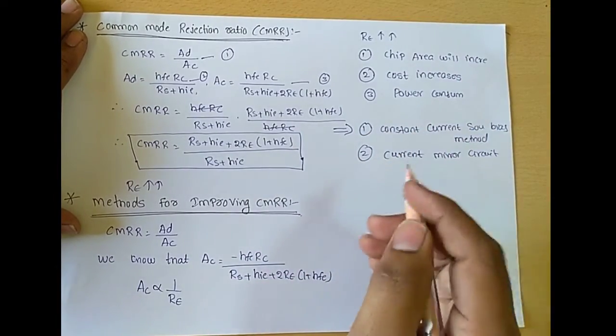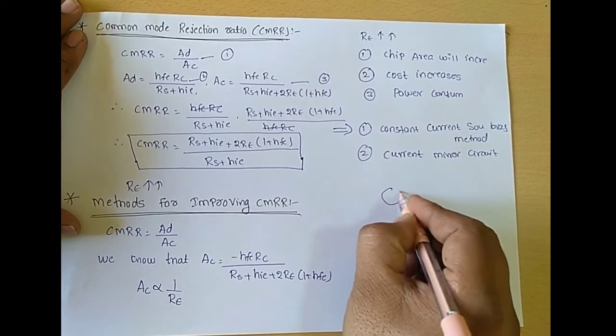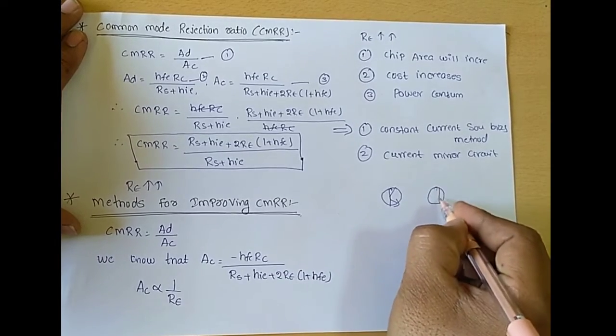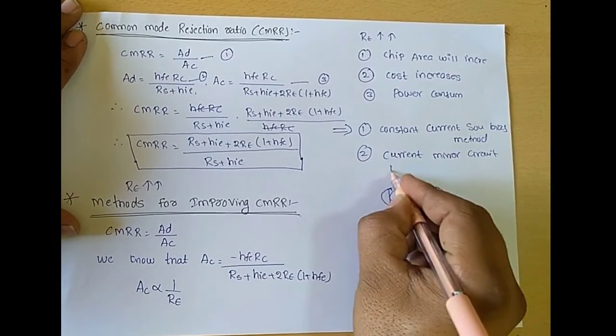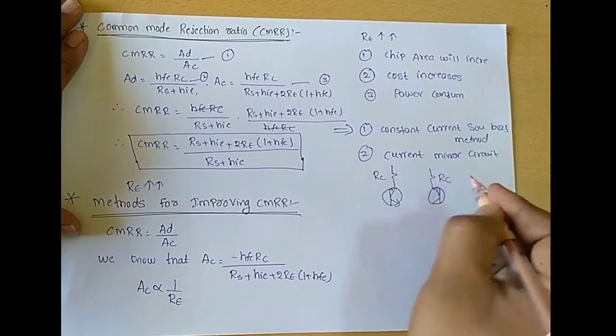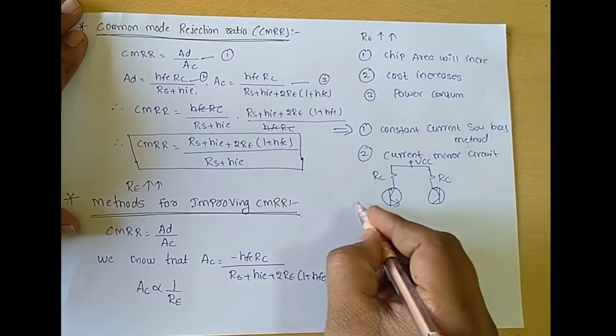For our understanding, here I am drawing the dual input balanced output differential amplifier. We give the collector resistance RC, and here also RC, and here we give the external power supply VCC.